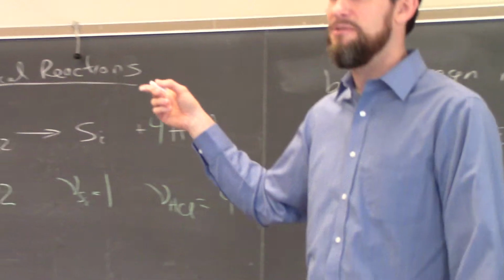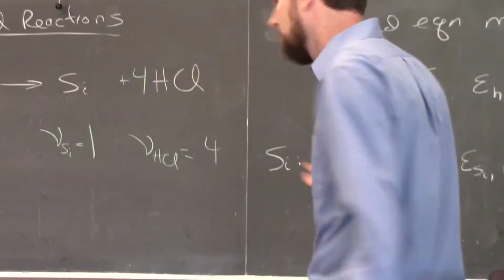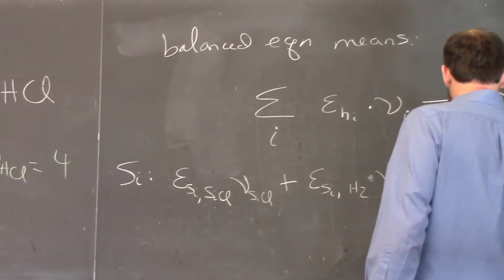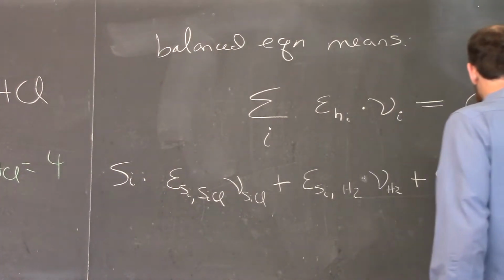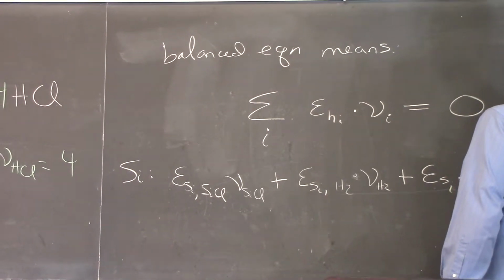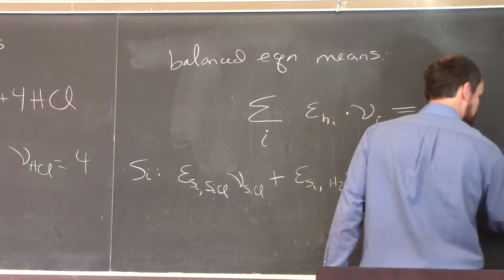How much silicon is in H2? 0, so that's okay. Plus epsilon of silicon in silicon times nu of silicon, plus epsilon of silicon in HCl times nu of HCl.